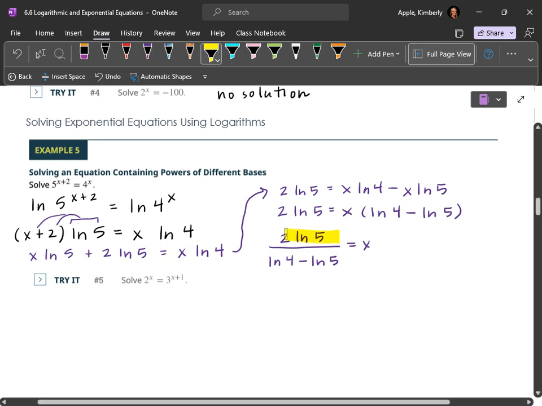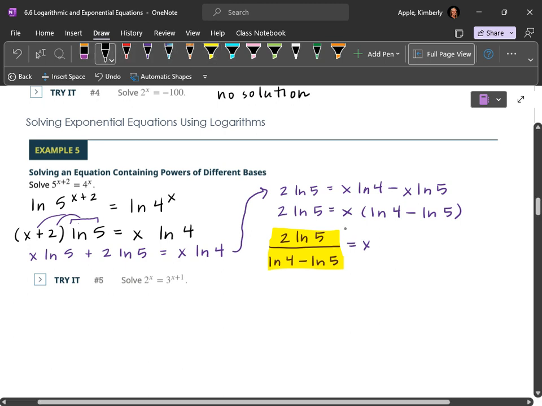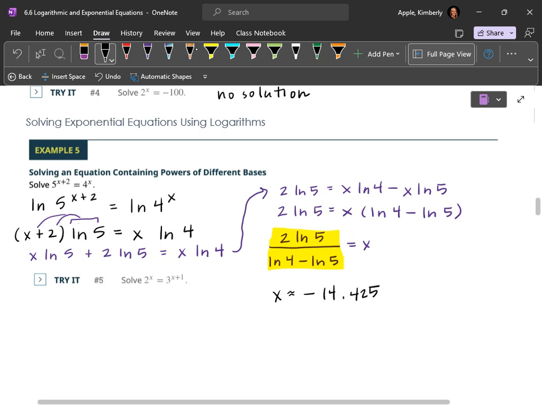And most of the time, because these can be written in so many different formats, I will ask you to put that in your calculator and just round that to maybe 3 decimal places, and you'll obtain that it's approximately, change this to approximately, sorry, when we're rounding. So that's approximately negative 14.425. And now we're all done.